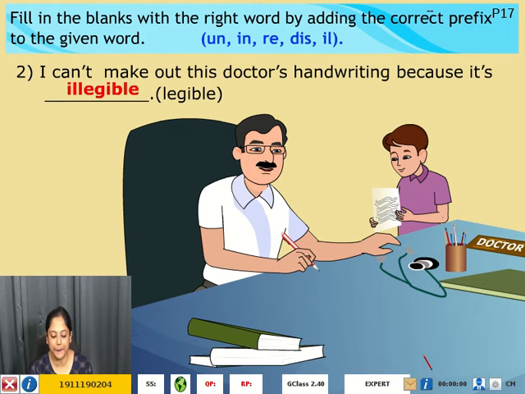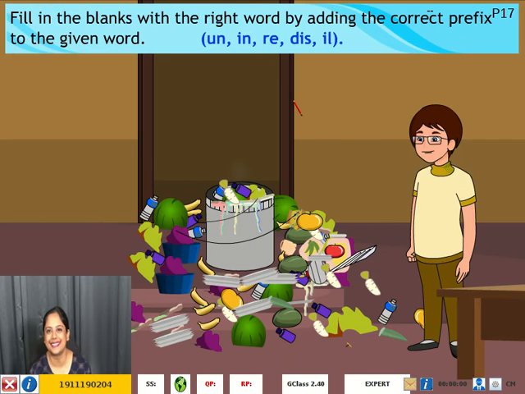So what did we do here? In the word legible, what did we do? We have just added the prefix il here. So what does that mean? It completely changes the meaning of the word. Legible and illegible. Legible means something which we can clearly read, which is easily readable. Illegible means something which is not clear.